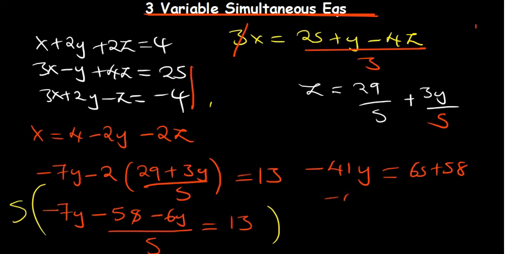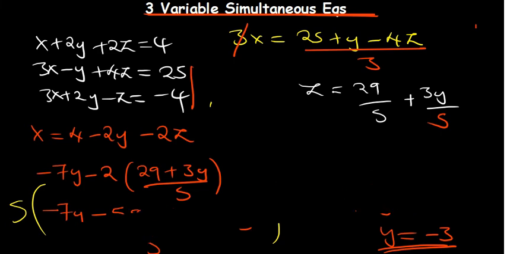So negative 41y is equal to 123. Then y becomes negative 3. So we found y to be negative 3. And then you can try to find z. How are we going to do that? So you can just get to the point where z is the subject, just on top there, right?